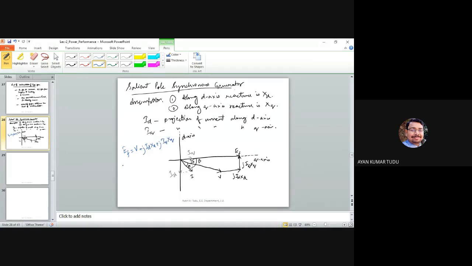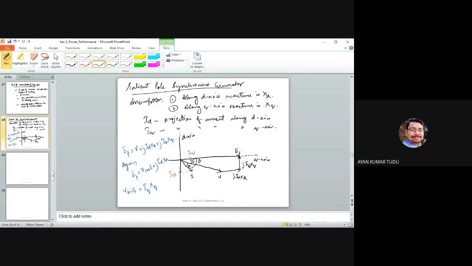Number two, Ef is equal to V cos delta plus IdXd. Again, V sin delta is equal to Iq into Xq. Sorry, not Id, it would be Iq into Xq.